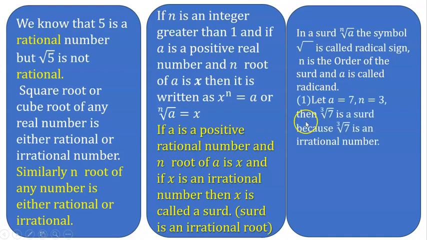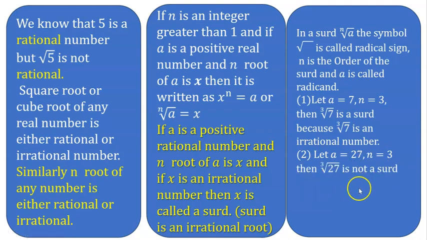Now first example here, let a is equal to 7, n is equal to 3. Then cubic root of 7 is a surd because cubic root of 7 is an irrational number. Next, let a is equal to 27, n is equal to 3.